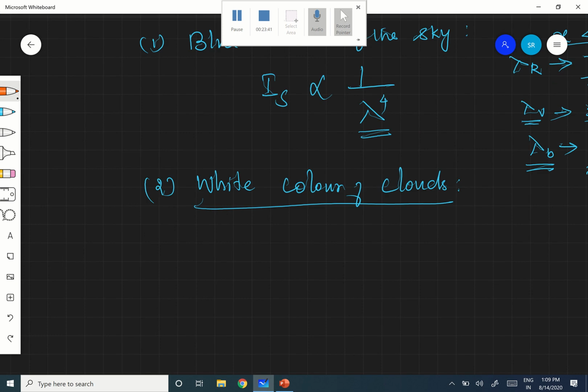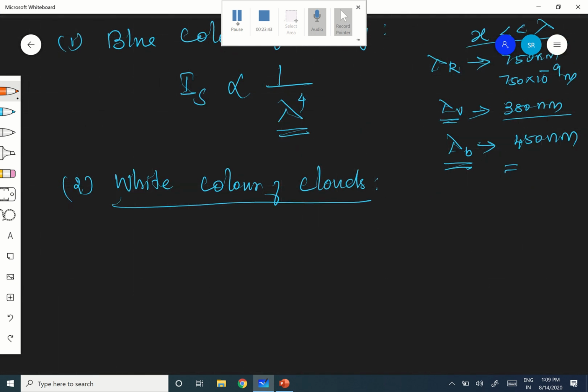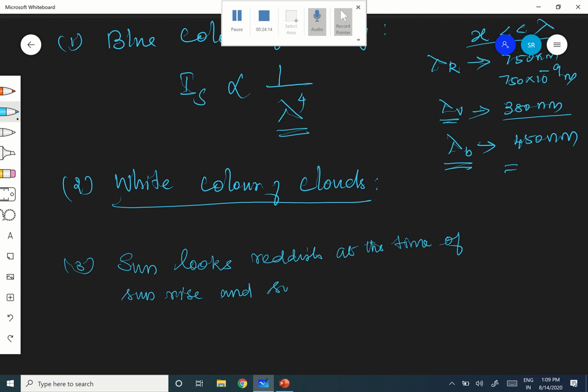Then, the third application, very important. The third application is the reddish appearance of the sun. The sun looks reddish, orangish, slightly orangish also, at the time of sunrise and sunset.